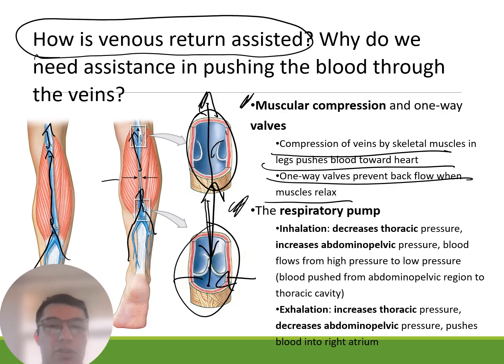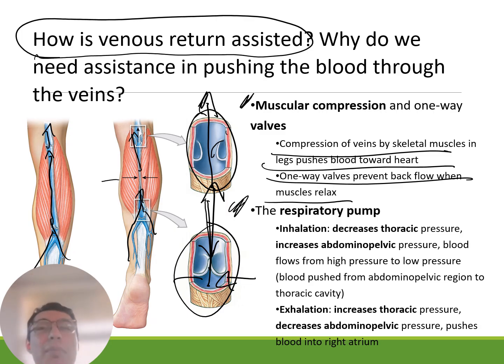What is that respiratory pump? The respiratory pump has to do with pressures in the intrathoracic cavity. So when we inhale, we're pushing that diaphragm down, okay? What is happening to the intrathoracic cavity? It is expanding. So when we expand the cavity, do we increase or decrease pressure?